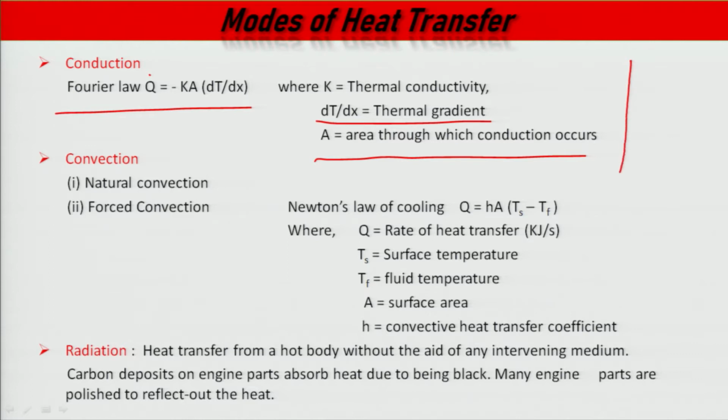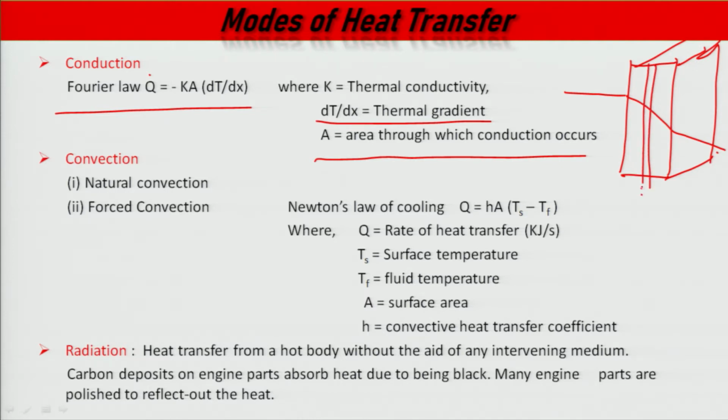Like, I am taking a plain wall. Let heat be transferred here. Let the thickness of the wall be dx, q is the amount of heat transferred, the material has thermal conductivity K, and the cross-sectional area is A, the area through which the conduction occurs.